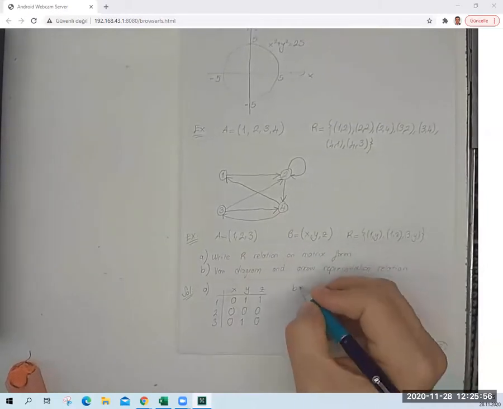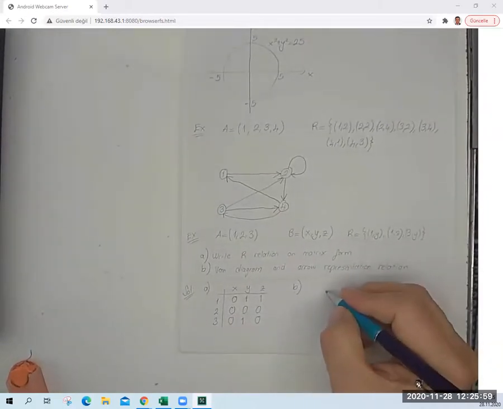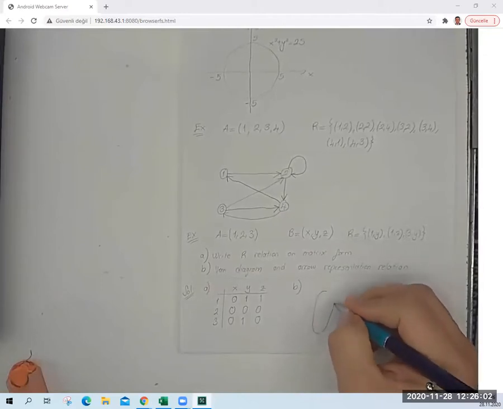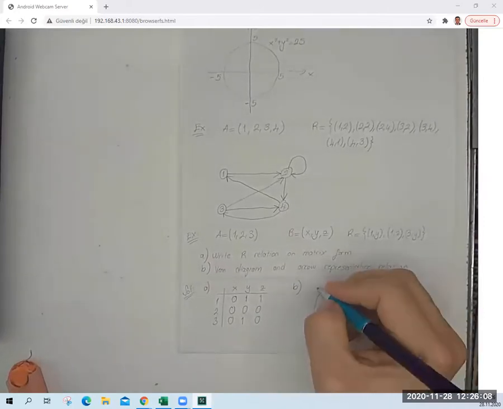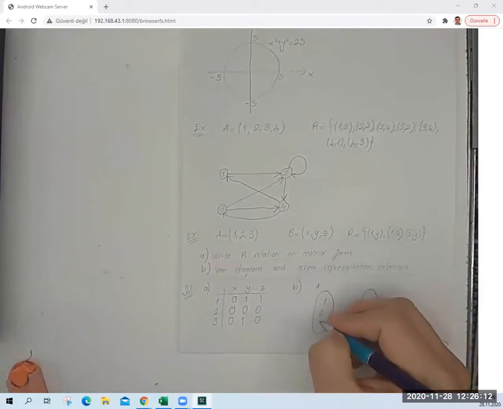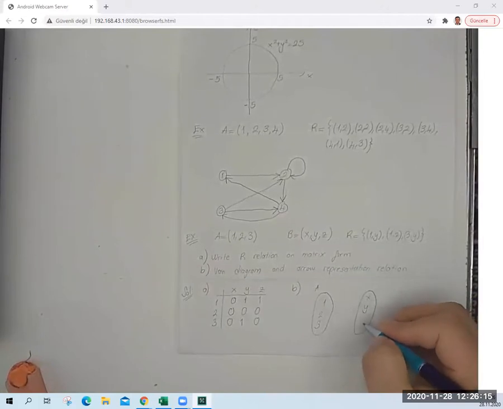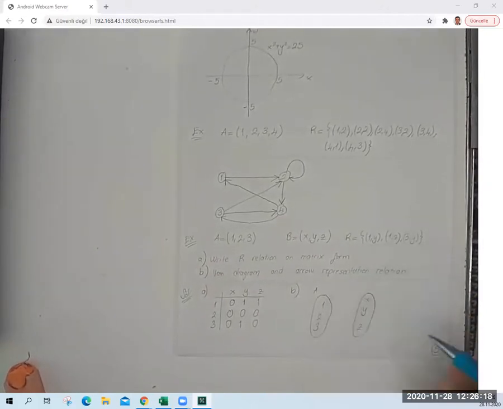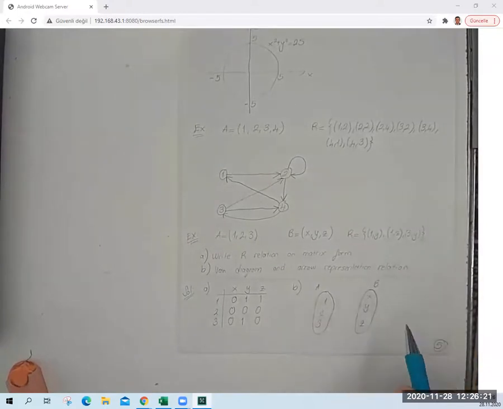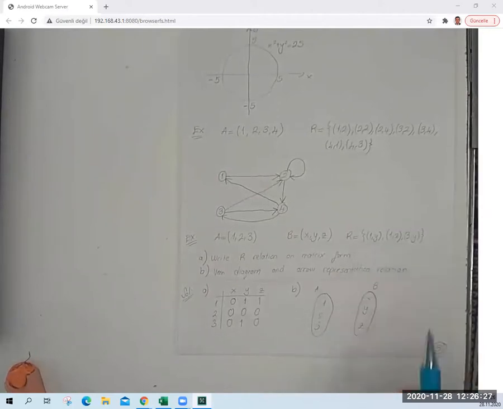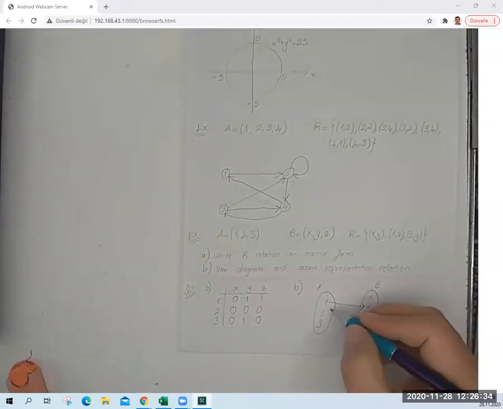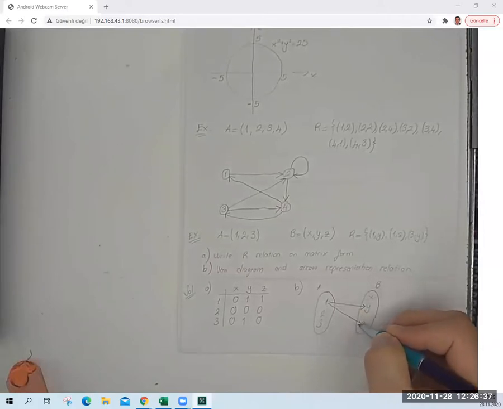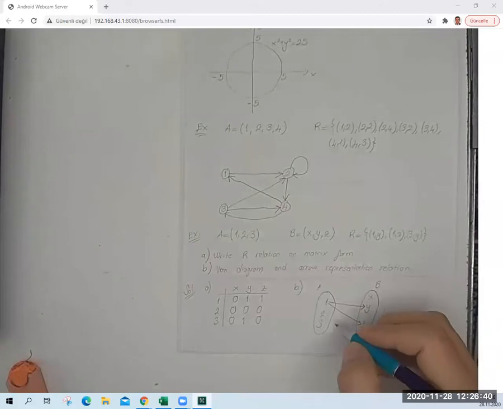For case B, I have set A, the Venn diagram, and set B. In set A, I have 1, 2, and 3, and X, Y, and Z. For that relation, I'm going to use arrow representation from 1 to Y, and 1 to Z, and 3 to Y as the last.